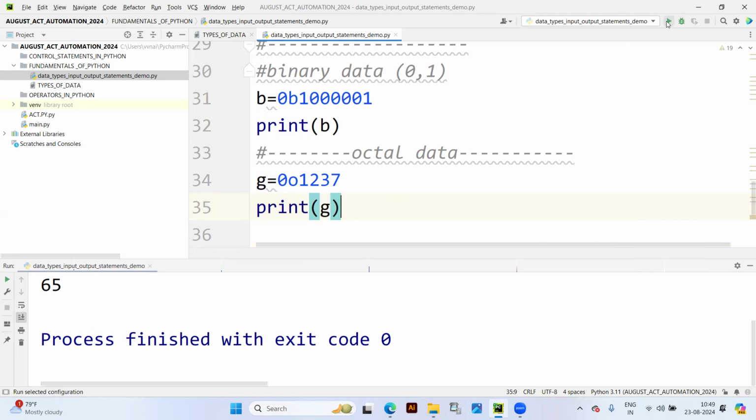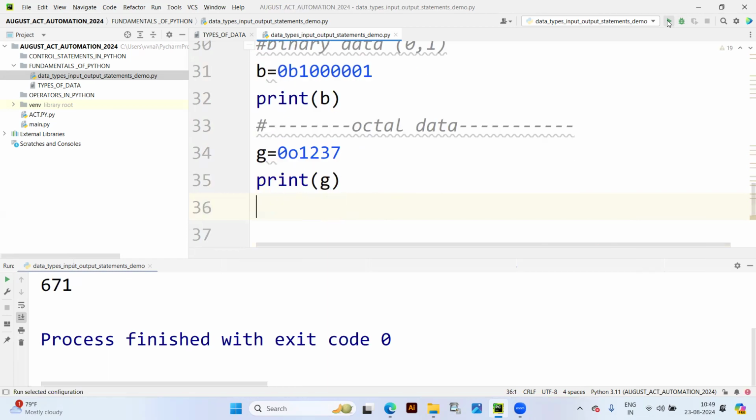Clear? You see, 671 is the equivalent decimal data for the octal data 1237. Are you clear?